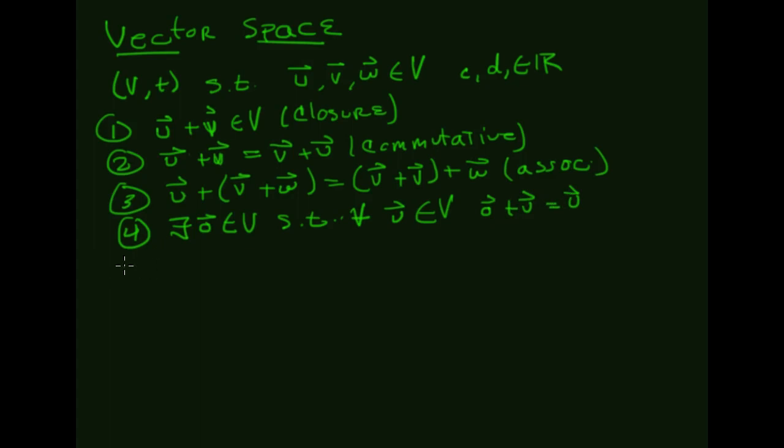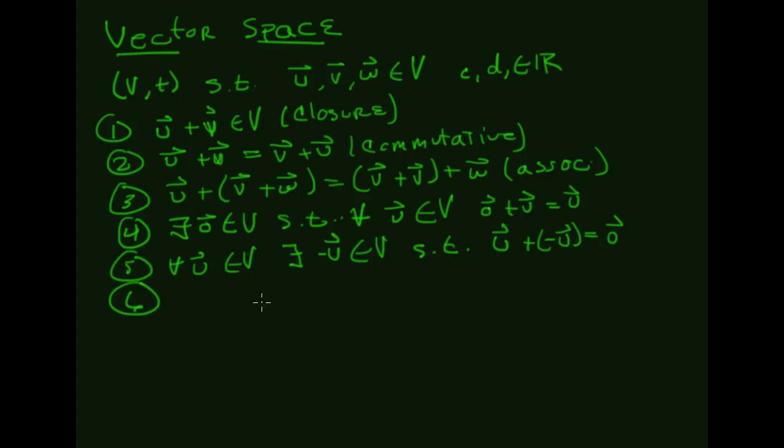Okay. Number 5, for every vector u in this space, there exists a vector negative u in that space, such that if I take u plus negative u, I get back the 0 vector.